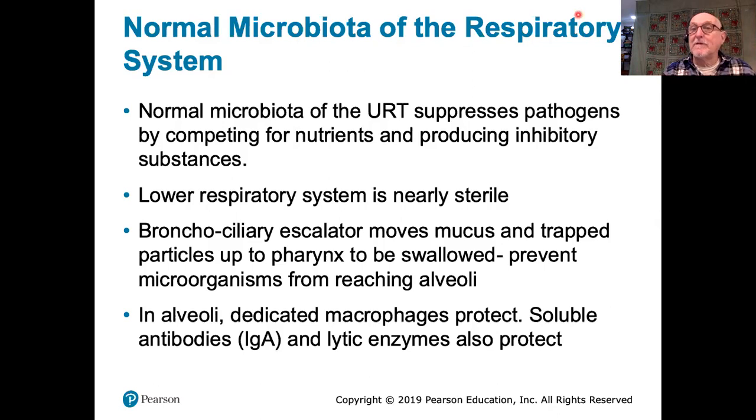And then in addition, you have this bronchociliary escalator, moving mucus up to clear the lower respiratory tract, and then specialized immune responses to try to keep the alveoli sterile. And by and large, that works extremely well.